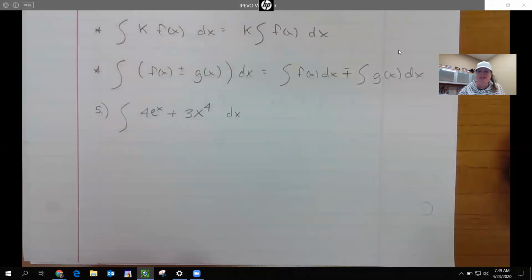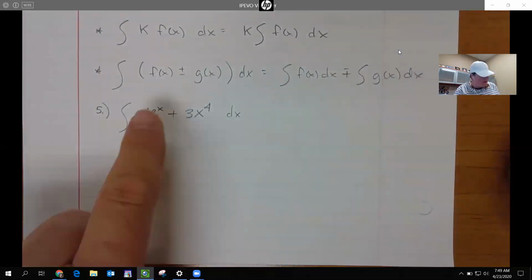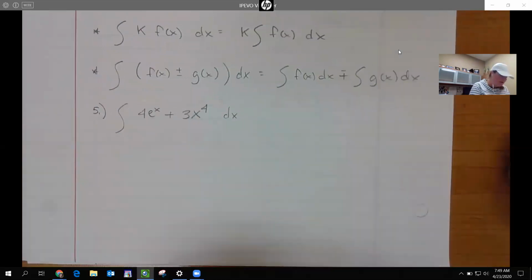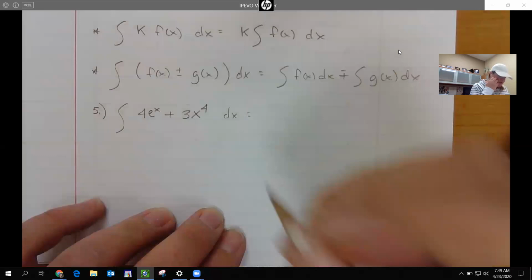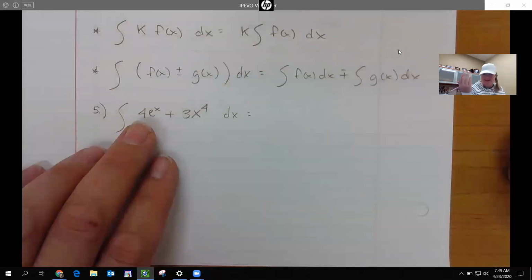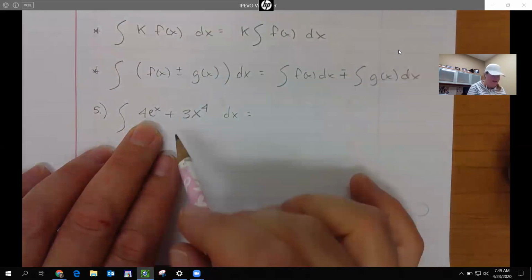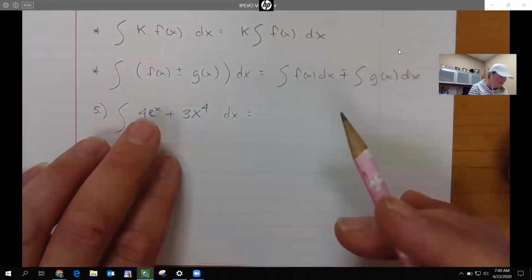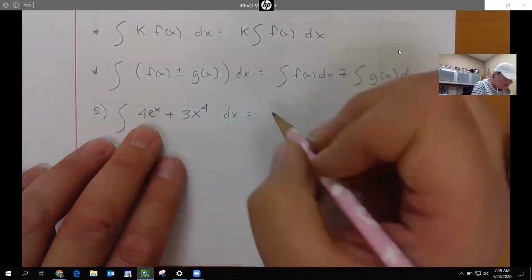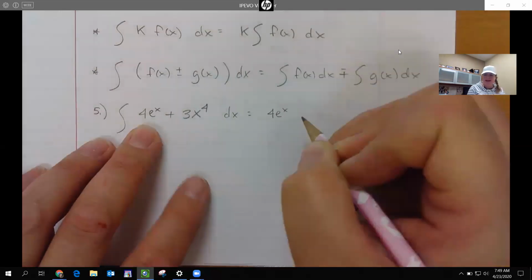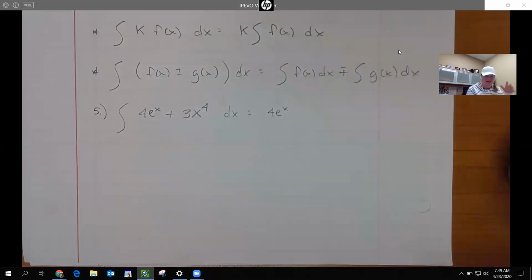So if I have something like that, I can take the antiderivative of this one and then the antiderivative of this one. That's what this rule allows me to do. So then I'm going to know that the 4 just kind of stays. I could pull the 4 out if it was part of this one too, but it's not. So this one here, I could think of as 4 e to the x, because the derivative and antiderivative both ways are e to the x.